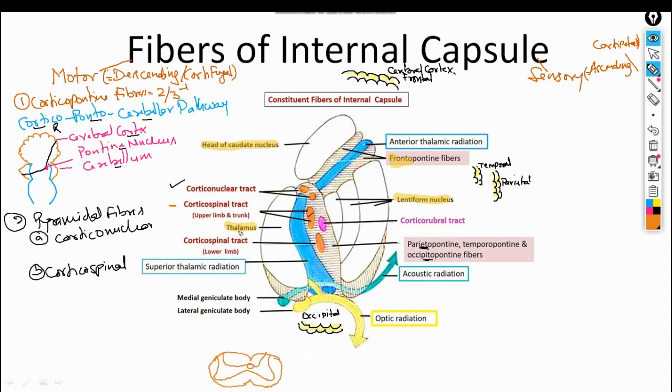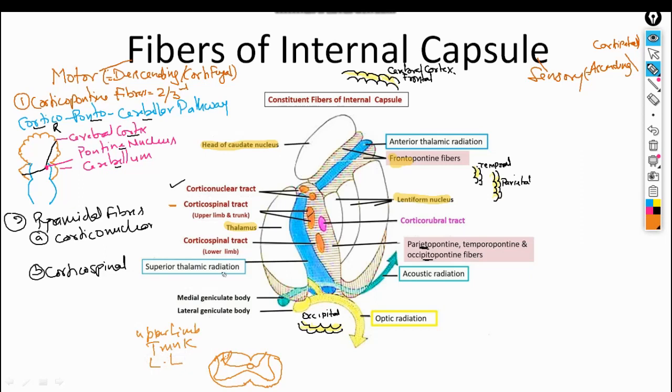These corticospinal fibers synapse with the anterior horns of the opposite half of the spinal cord, here the opposite half, like this way, which innervate the muscles of the upper limb, trunk and lower limb.